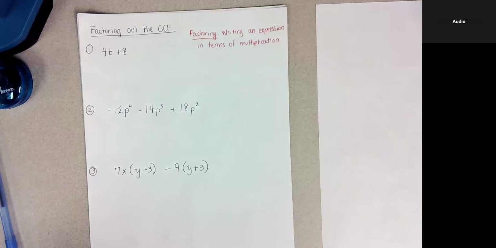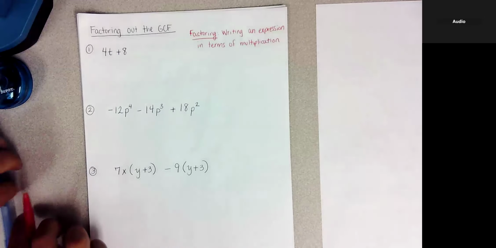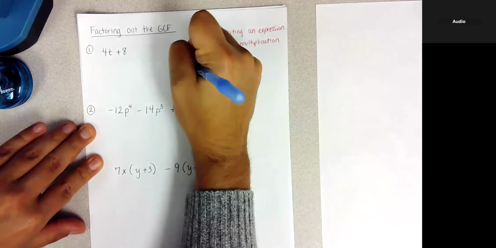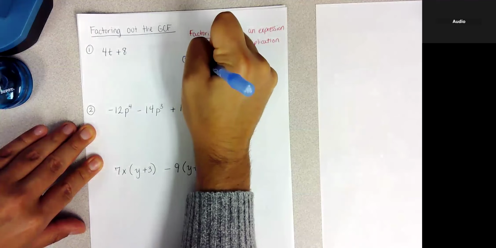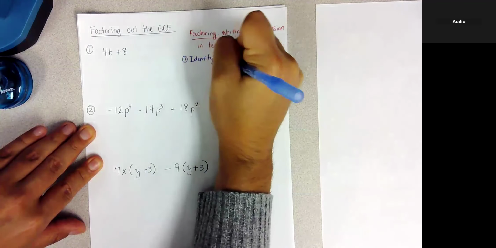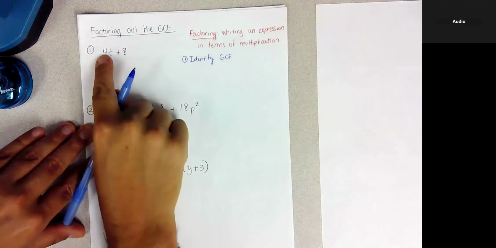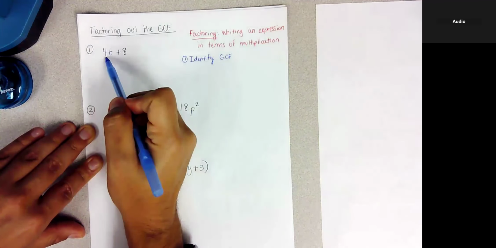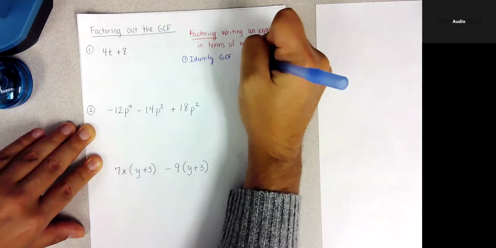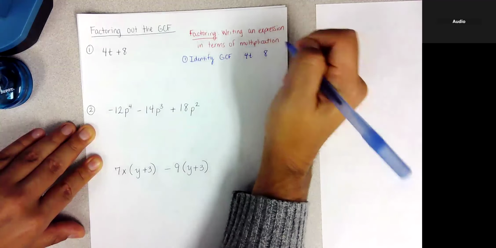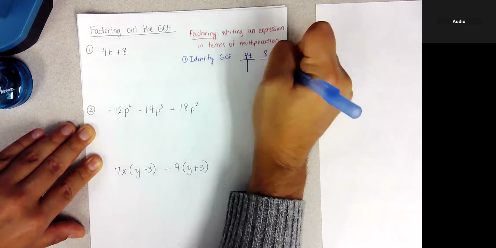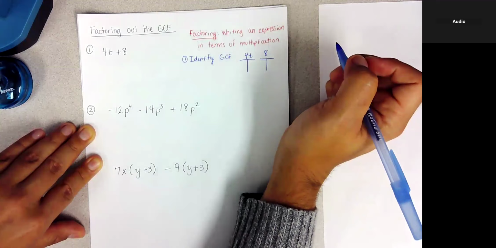So the way you're going to start this off is that first, you want to identify the greatest common factor between these two terms. So we have 4t and we have 8. And then you might want to make t-charts for each of those terms, right?